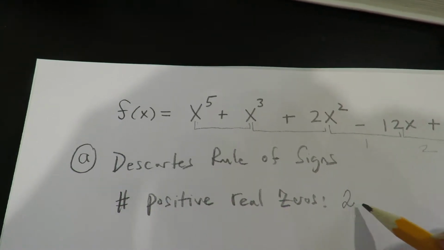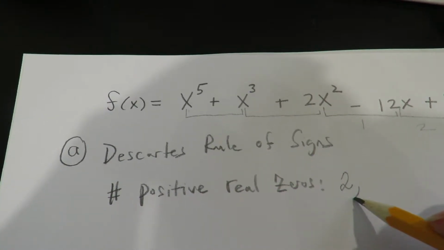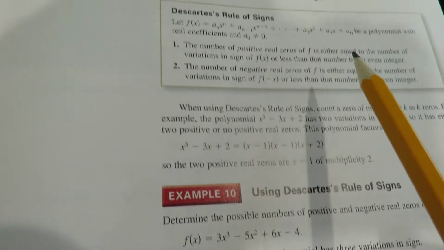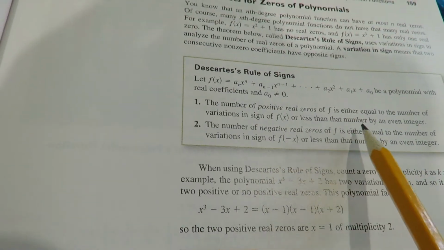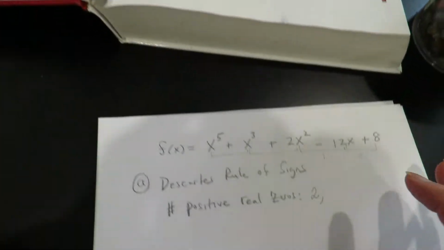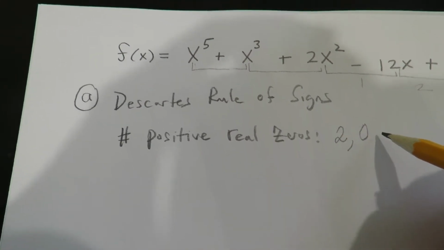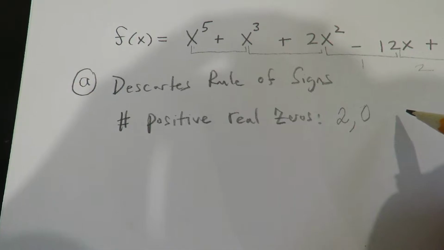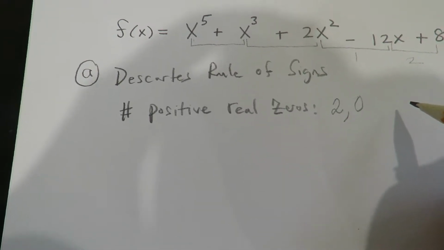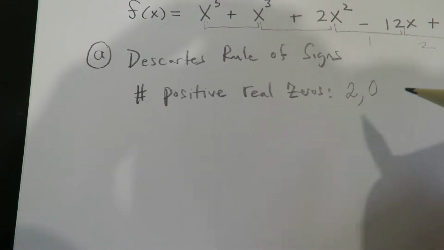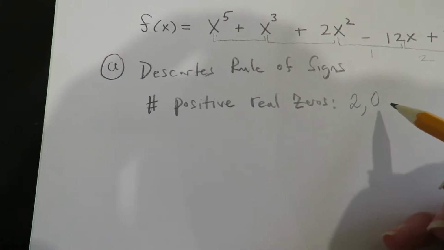So it's 2, and if you remember, you have to subtract an even number, for the complex conjugates. So it's 2 or 0. I could not subtract 2 again because I would get -2, and you can't have a -2 quantity. All right, so it's 2 or 0.